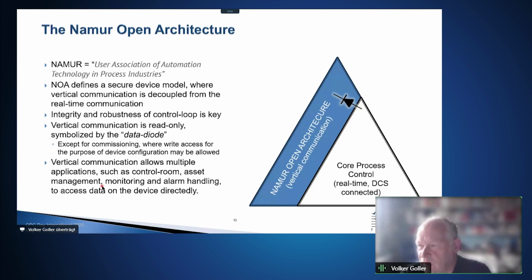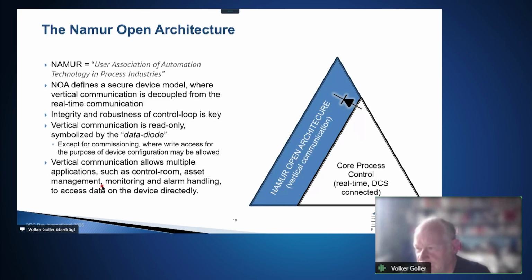And NOA defines a secure device model where the vertical communication is decoupled from the real-time communication. So basically, a device connects to a DCS or PLC using a real-time protocol like Profinet or EtherNet/IP. And then there's vertical communication, and that can be OPC UA.